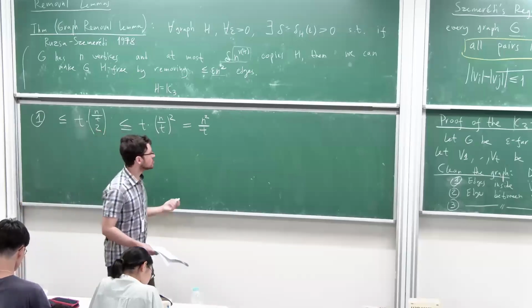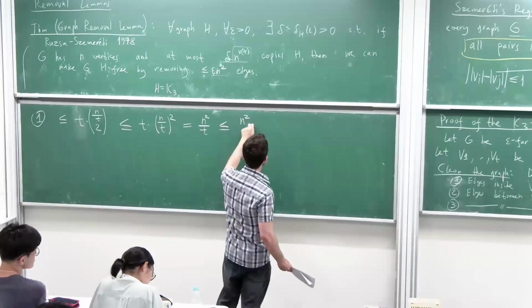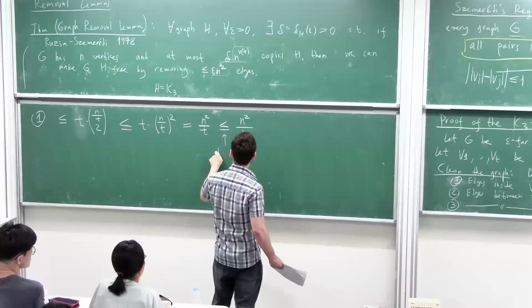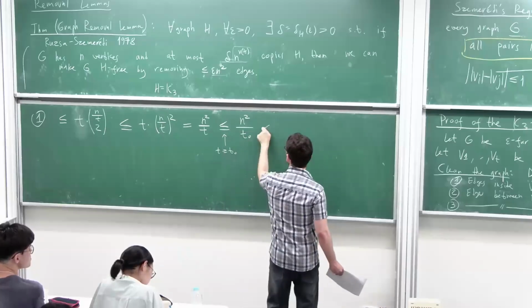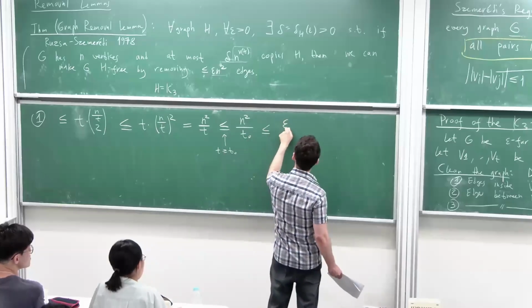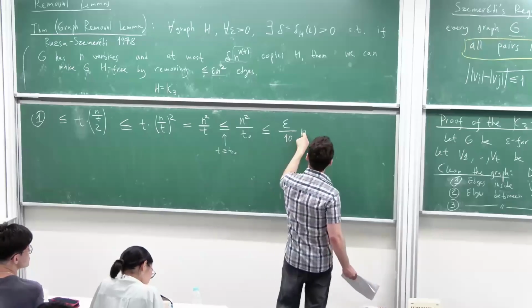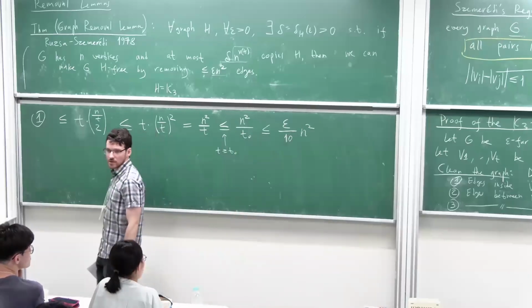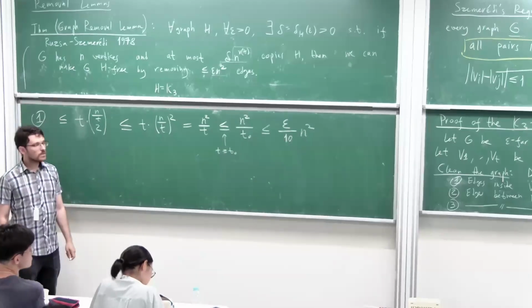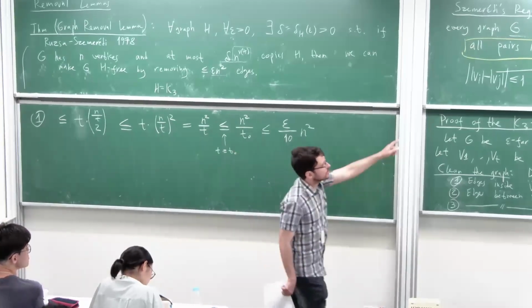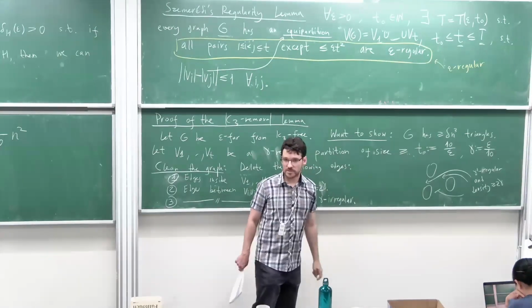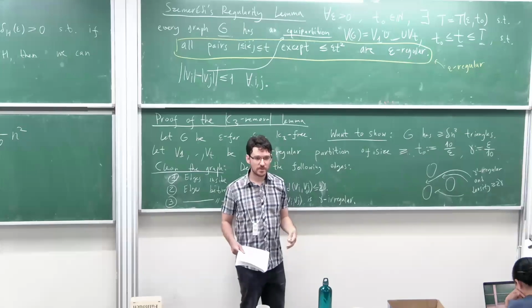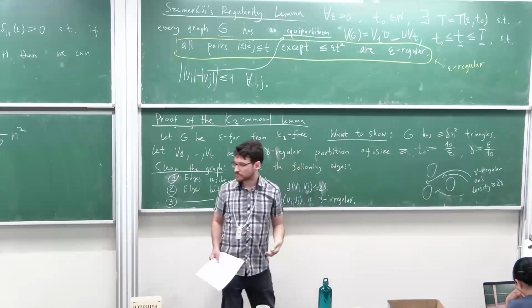Since t is at least T0, this is at most n squared over T0, and because of the choice of T0, this is small, at most epsilon over 10 times n squared. The reason we want T0 in the regularity lemma is that we want the number of edges inside the parts to be small. We don't have any control over them, so we want it to be small. Okay, so this is edges of type 1.